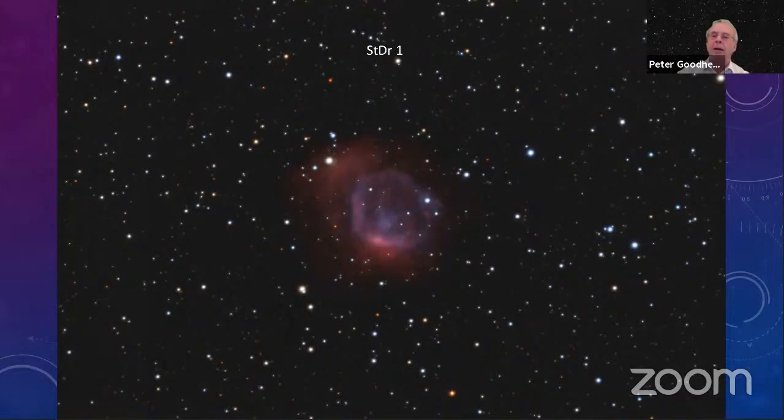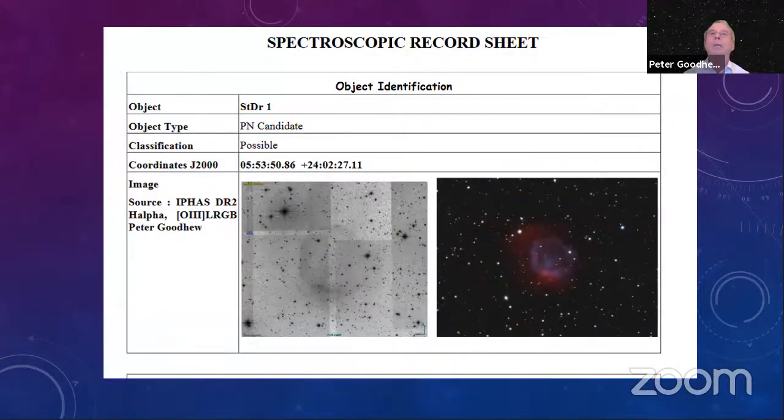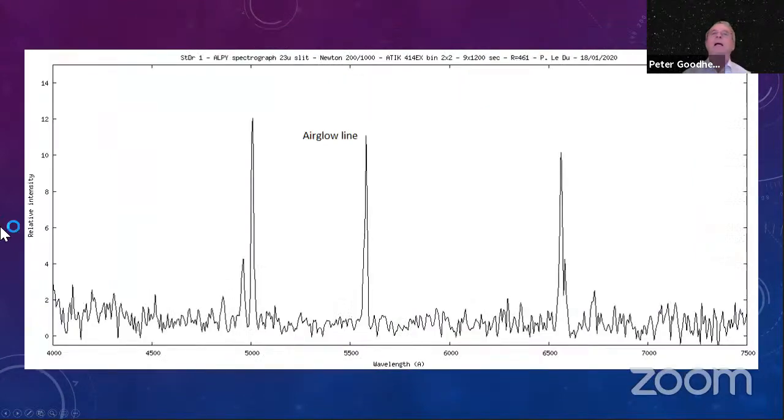So anyway, that was then taken up by the French team, and they did spectroscopic analysis. It's probably difficult to see, but they positioned the spectroscope just here, and the spectroscope came up with this spectrum. This is the air glow, and here you can see the hydrogen alpha and oxygen emission lines very, very clearly and very, very strong.